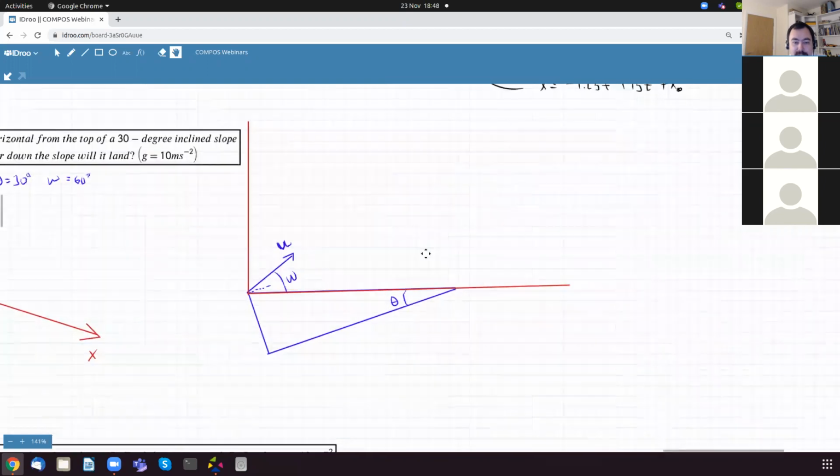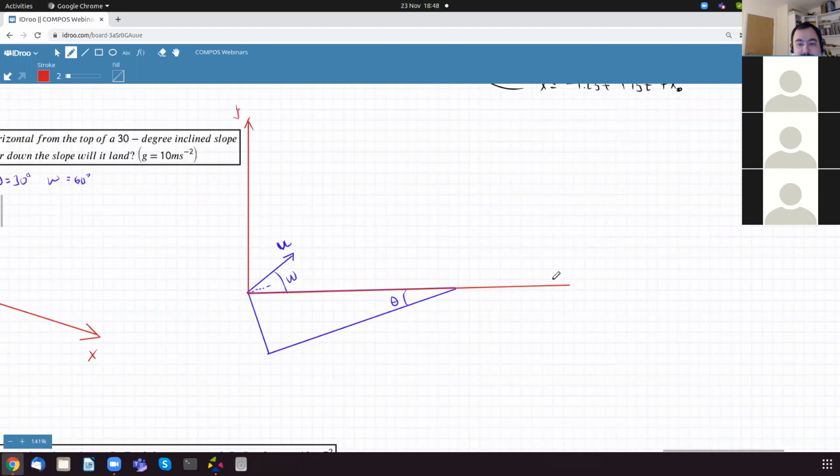And we're going to work with this. This is the y-axis. This is the x-axis. And the stone will travel like this and land somewhere here. We call this distance L.